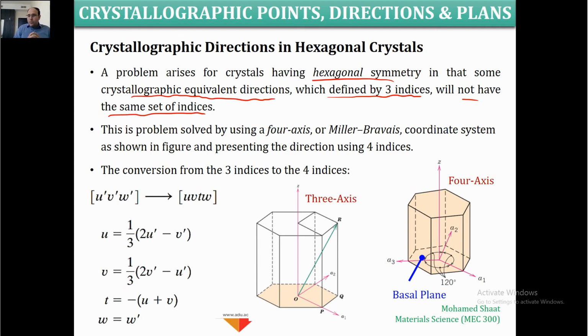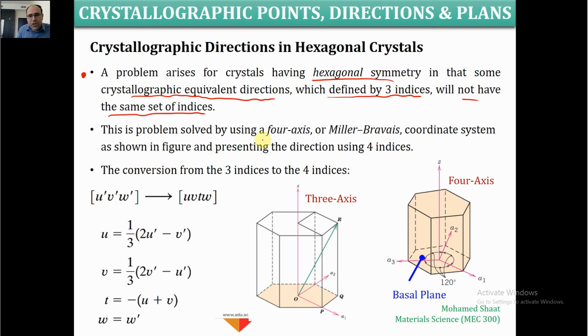If we try to do the same thing for the hexagonal crystal structure, this will not be applicable. It ends up with different indices, or even different lengths, if we use 3 index notation for the crystallographic direction as we did for the other crystals. So there is a problem.